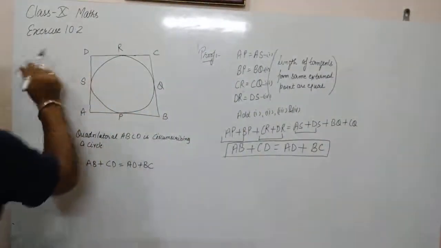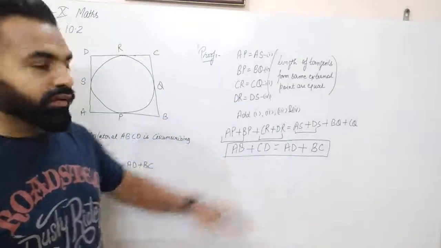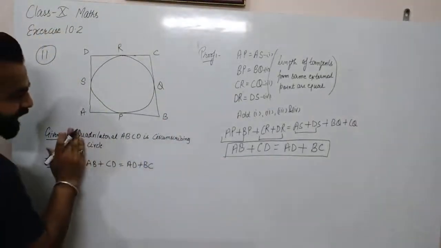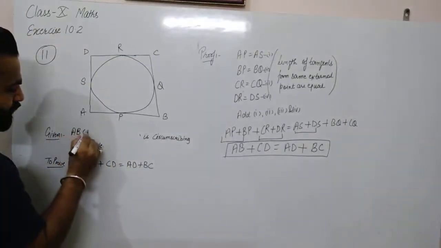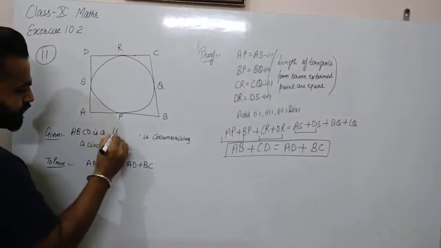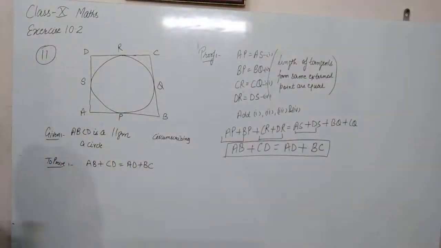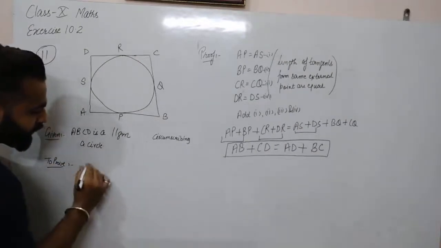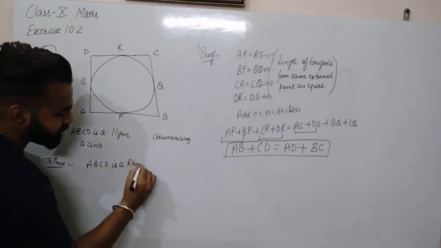So this will now become question number 11. The whole part is same up to this step. Now it is given that ABCD is a parallelogram, which is circumscribing a circle, and now we have to prove that ABCD is a rhombus.